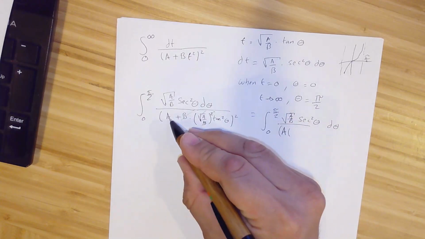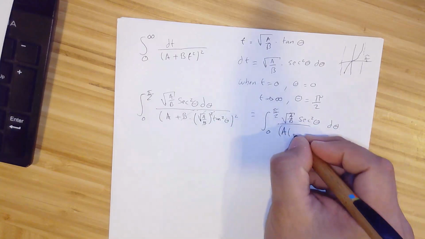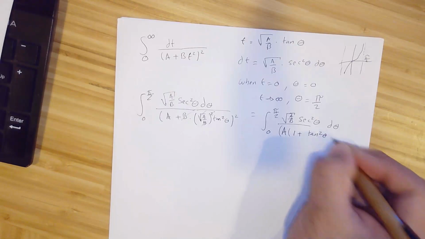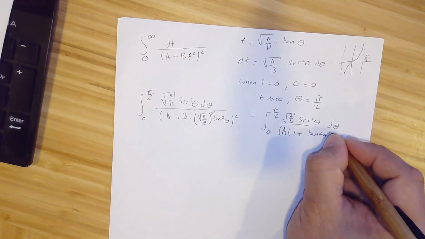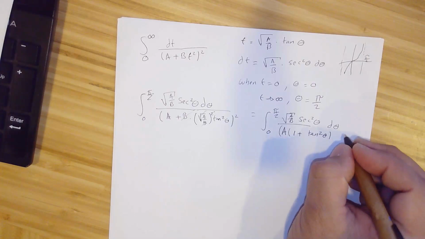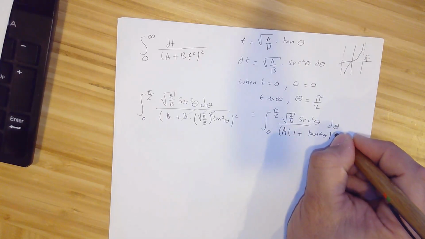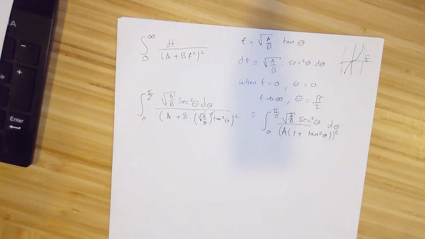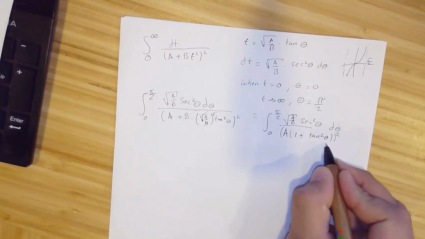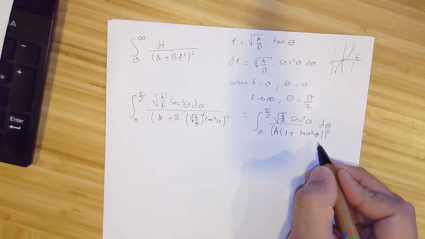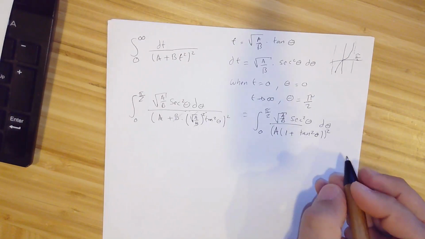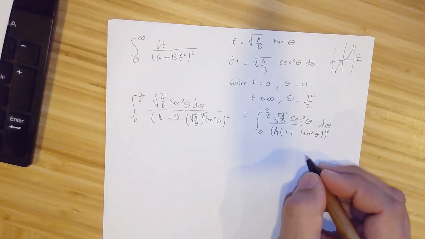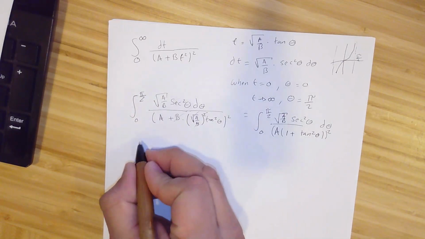We extracted one a from here and the other a from here, so we have 1 plus the tangent squared of this, and everything squared. And this is a trigonometric identity. Remember the Pythagorean trigonometric identities. And we can substitute that.